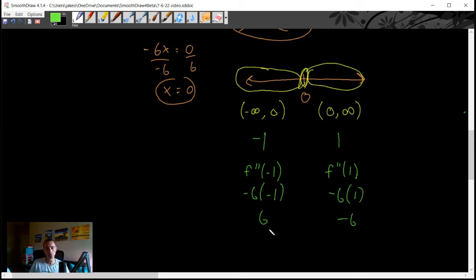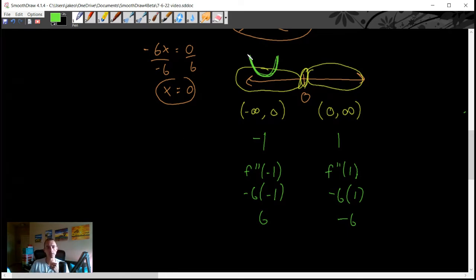Since our second derivative is positive within this interval, that tells us that our original function is concave up. It's like a smiley face, right? It's curving upward. Similar to how the first derivative of a function tells you about the slope of the original function, the second derivative tells you about the concavity, or the curvature, of the original function.